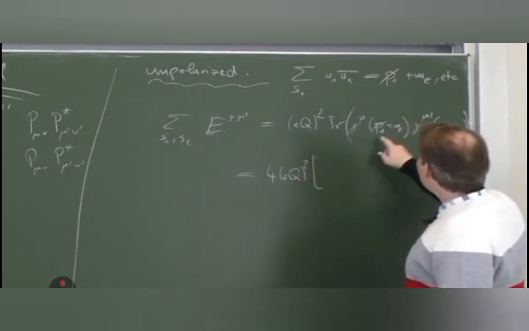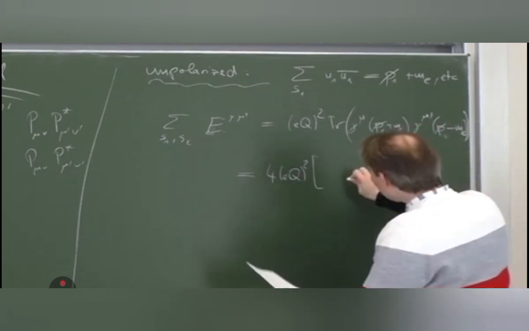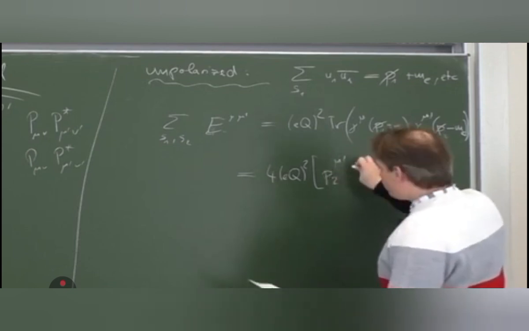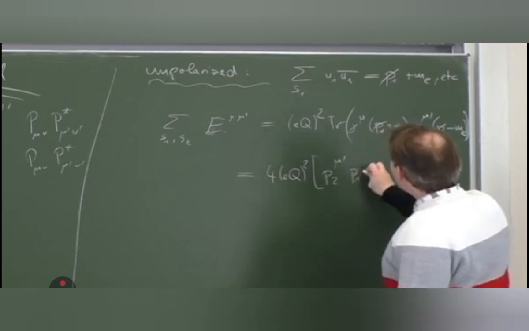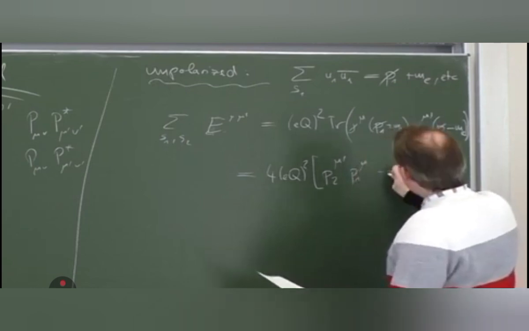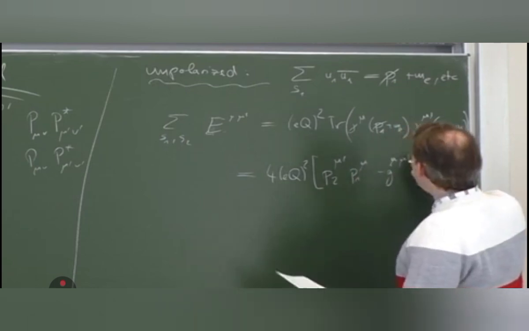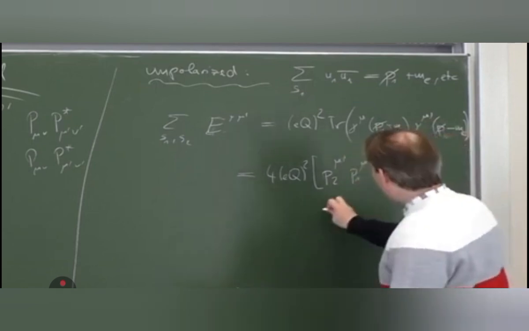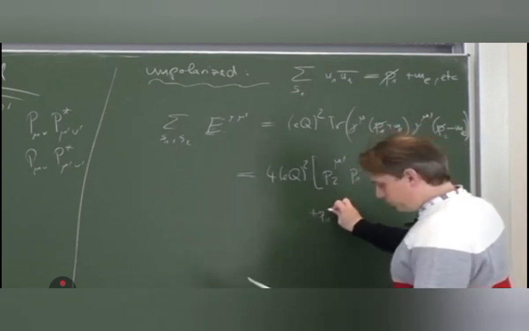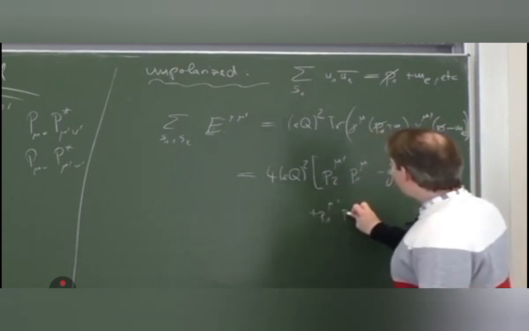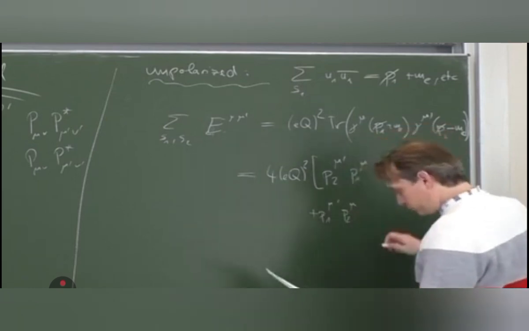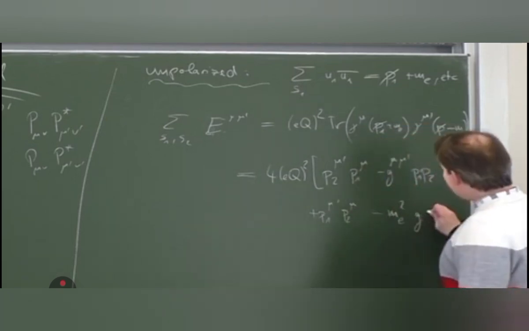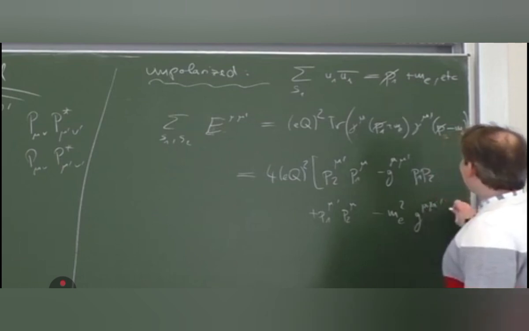So we have here P2 mu prime times P1 mu minus G mu prime P1 P2 scalar product plus P1 mu prime P2 mu minus electron mass square times metric tensor G mu prime.